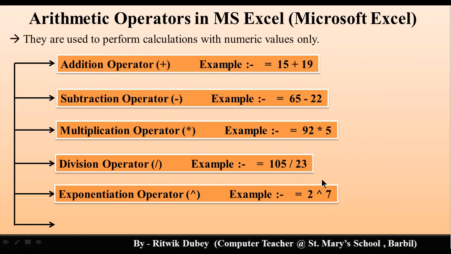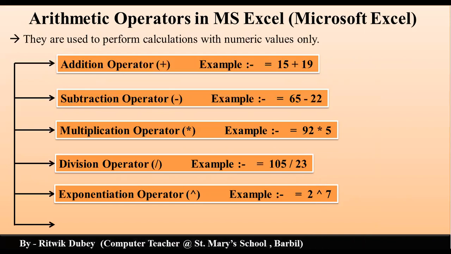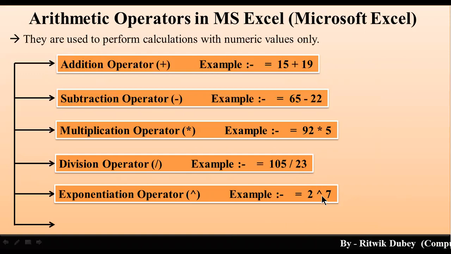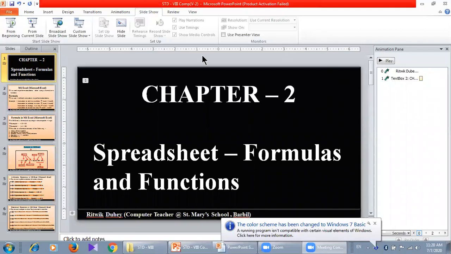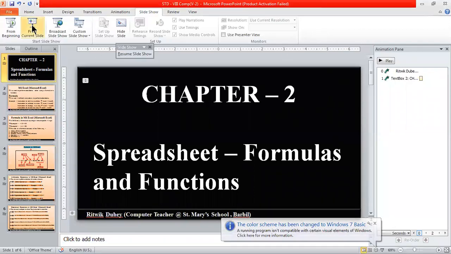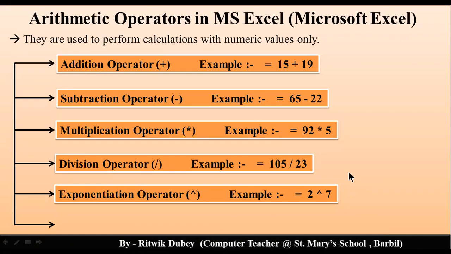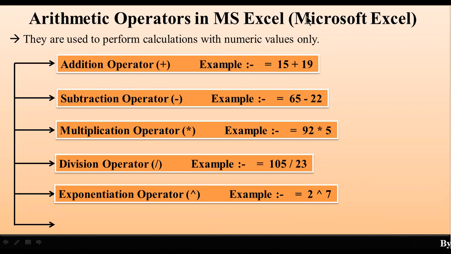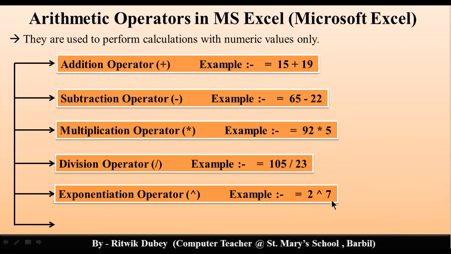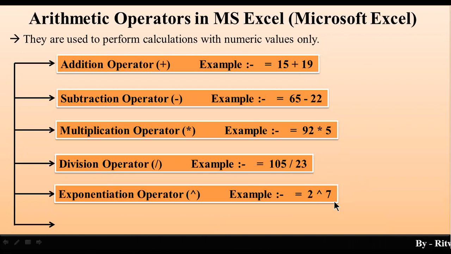You might be knowing about power and exponent, there is a chapter in mathematics. 2 to the power 7 means 2 will get multiplied 7 times to itself, that is 2 into 2 into 2 into 2 into 2 into 2 into 2. So 2 exponent 7 means 2 to the power 7.